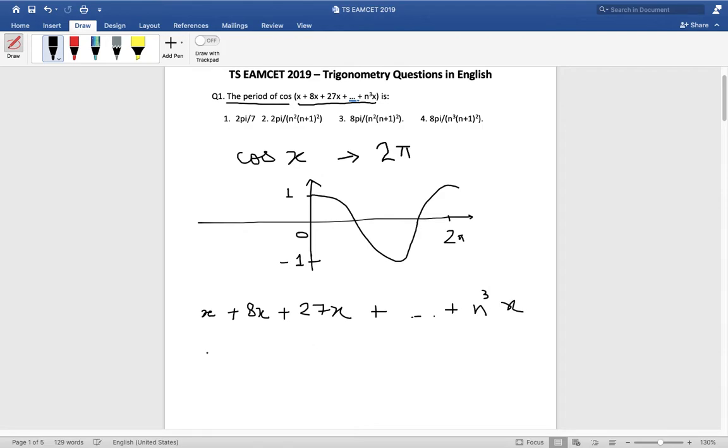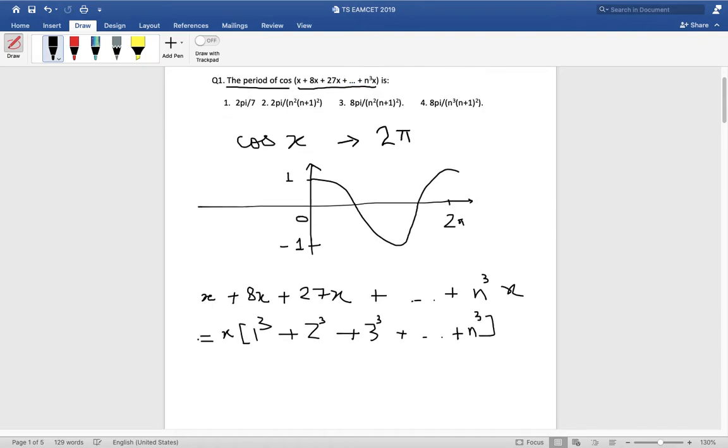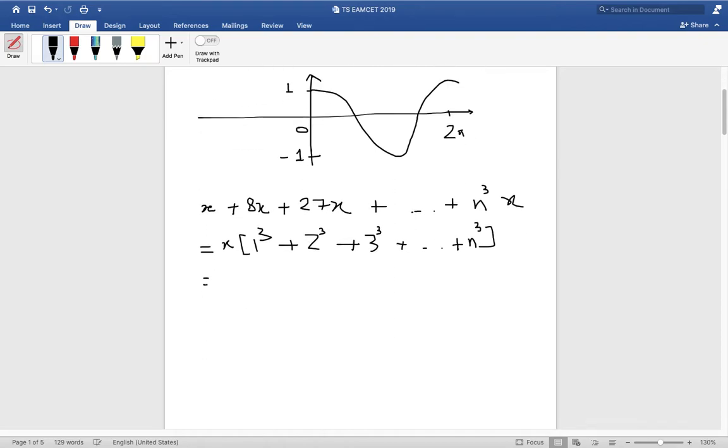If we take x common, you will get 1 plus 8, where 1 is 1 cube, 8 is 2 cube, 27 is 3 cube, plus dot dot dot n cube. So it's easy, right? And we know this cubic series, everybody knows it's n into n plus 1 divided by 2 whole square.